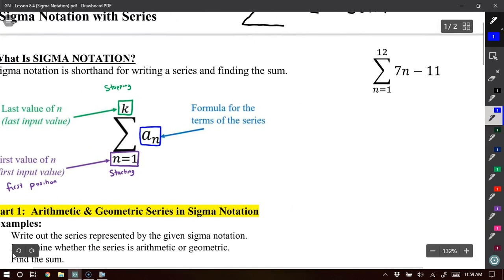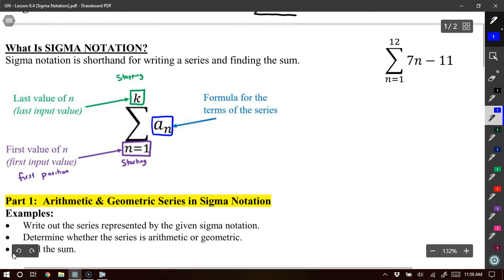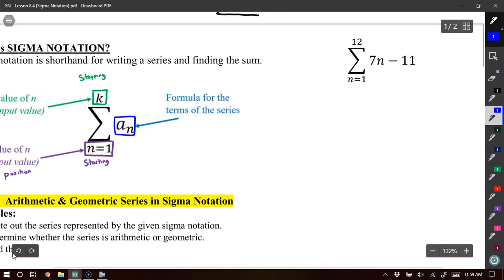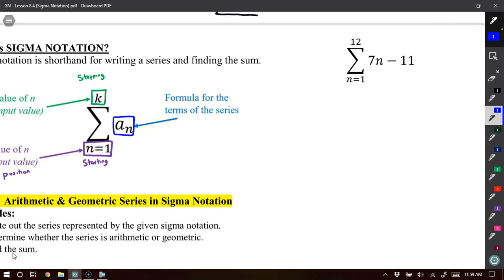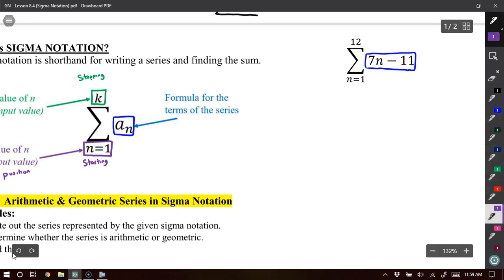Here is an example, just so we can get used to the structure and how we're going to lay it out. Right here I have the expression 7n minus 11. So I'll keep the same color coding. There's the blue. The position number I am starting at is position 1. So I'm going to use a table like we've done before for the series to organize it.